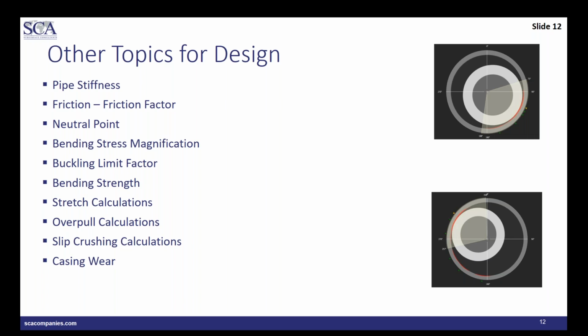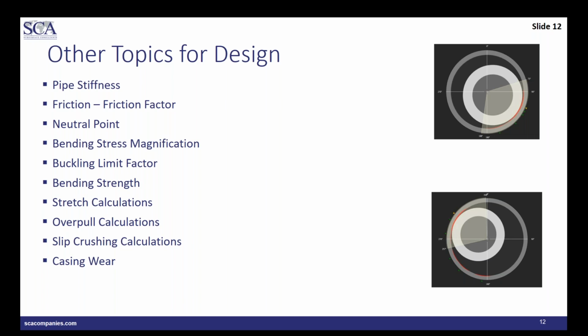There are different models that have been validated on the bench with 50 feet or 100 feet pipes. How do we translate that downhole, where wells are tortuous? So the buckling limit factor, then the bending stress ratio between the connections when we design the drill string, which is important.